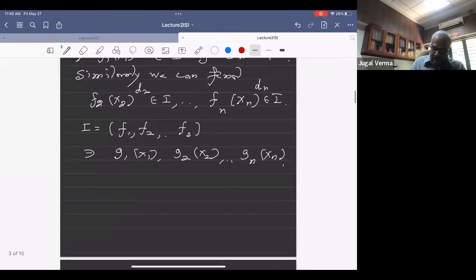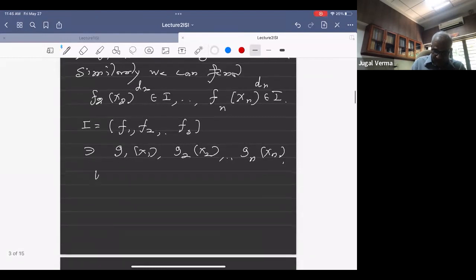Now, let us see. So this g1(x1), g2(x2), ..., gn(xn), they have leading coefficients, and I can make them monic by simply, the ideal doesn't change if I multiply a polynomial by some non-zero constant. So the ideal will not change.